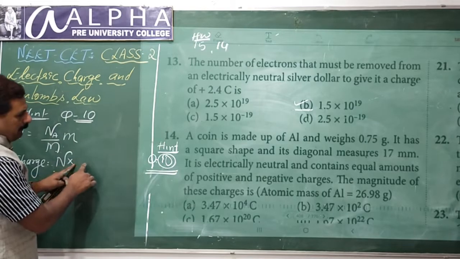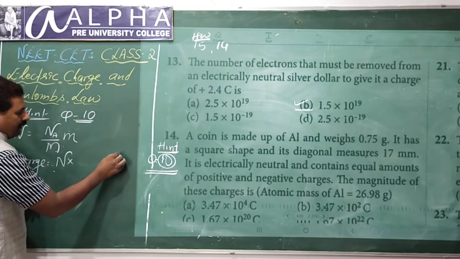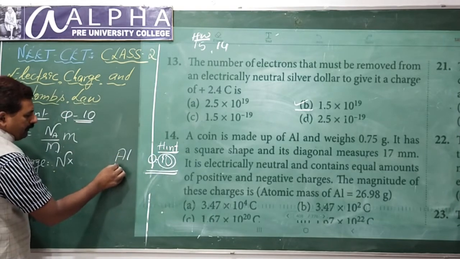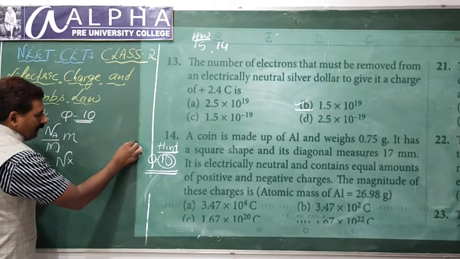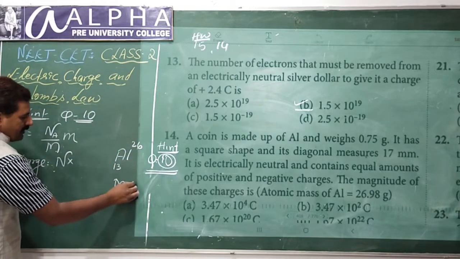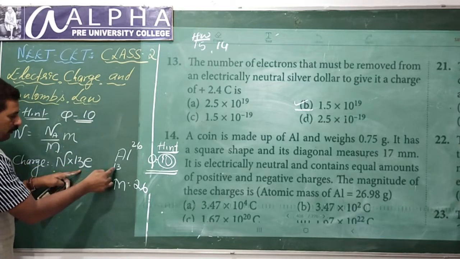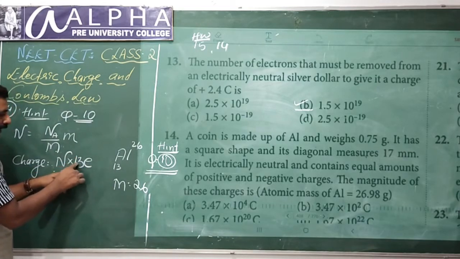What is the number of protons or number of electrons in aluminium? What is aluminium? Al, atomic number 13, mass number around 26. That mass number M, capital M, is 26, and each atom contains 13e charge. What is the charge of each atom? Either positive or negative. 13 electrons, 13 protons.